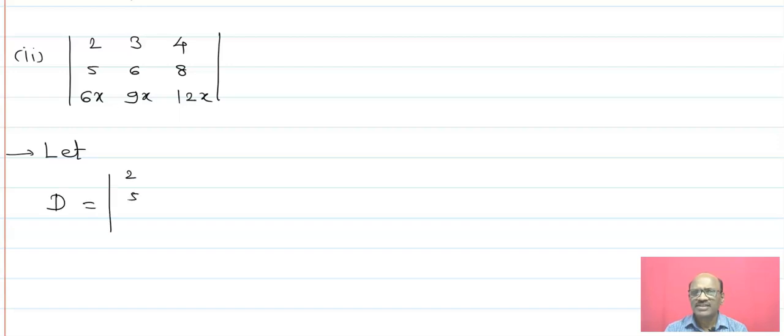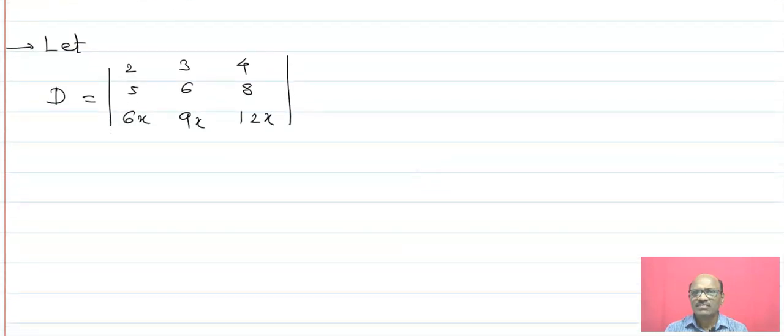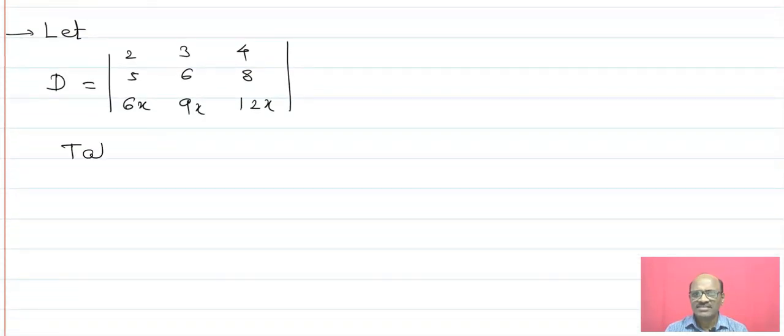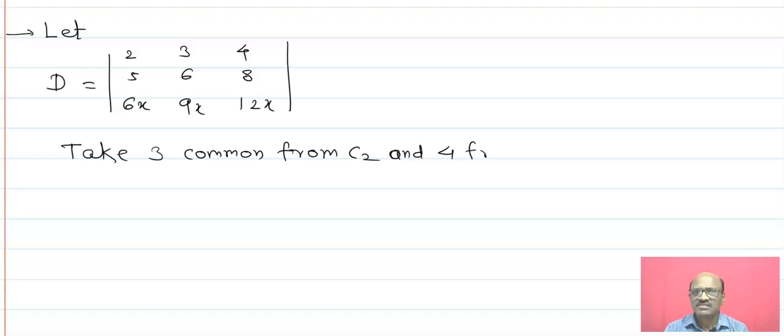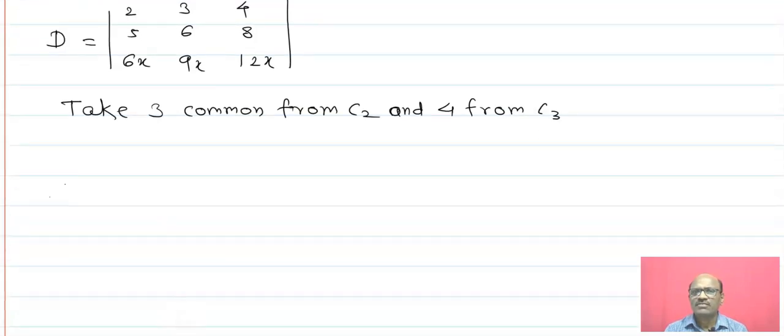We'll write it first: 2, 5, 6x; 3, 6, 9x; and 4, 8, 12x. Taking, now what is there? Now see, take 3 common from C2 and 4 common from C3.